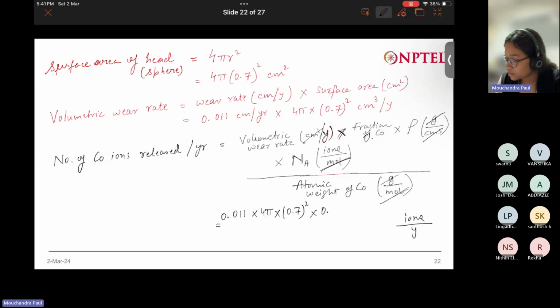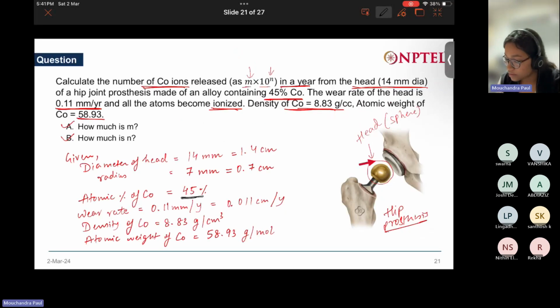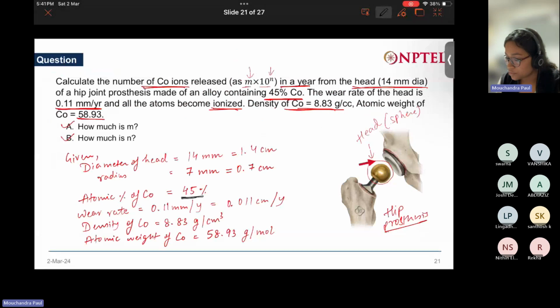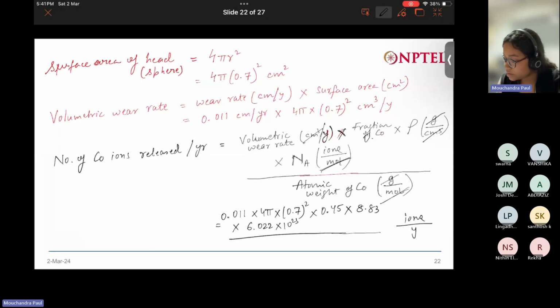And that is 0.45. Density is 8.83. Then what is the value of Avogadro's number? It is 6.022 into 10 to the power 23. Divide the whole numerator with the atomic weight. Atomic weight is 58.93.